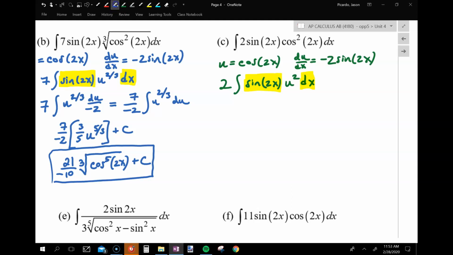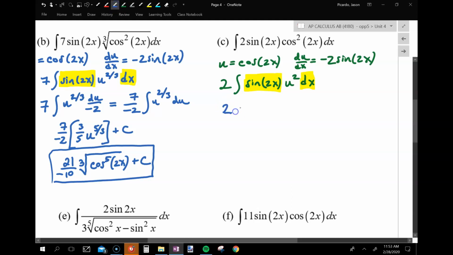So that's going to be the same as that, which is the same as that.